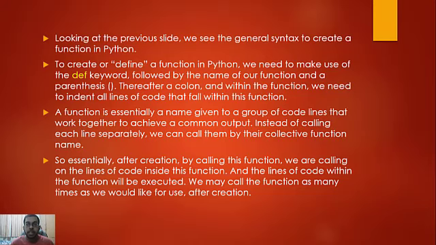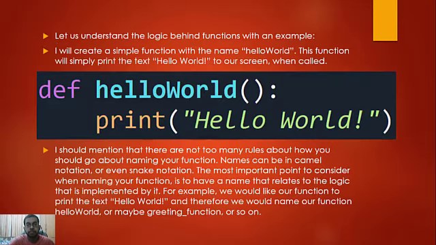A function is essentially a name given to a group of code lines that work together to achieve a common output. Instead of calling each line separately, we can call them by their collective function name. So essentially, after creation, by calling this function, we are calling on the lines of code inside this function, and the lines of code within the function will be executed. We may call the function as many times as we would like for use after creation.